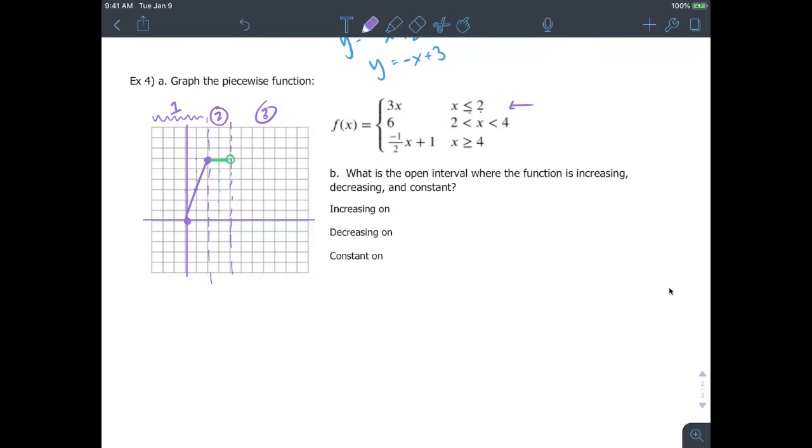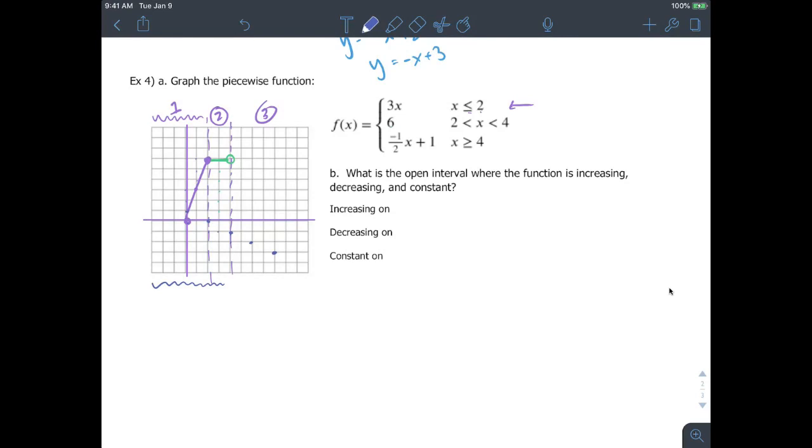All right, lastly, negative 1/2 x plus 1. So I am going to go ahead and graph this in fully. I'm going to go up 1 for the y-intercept, and then we go down 1 over 2, down 1 over 2, and down 1 over 2. But I don't graph anything beyond that's less than 4.